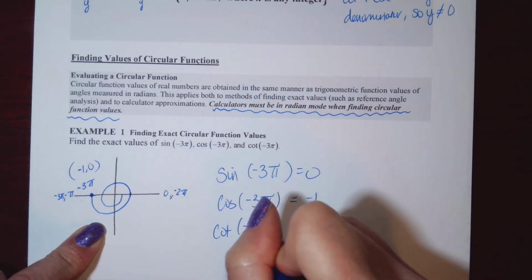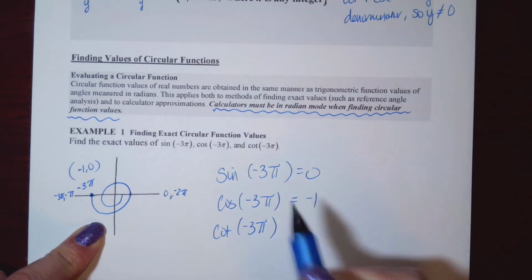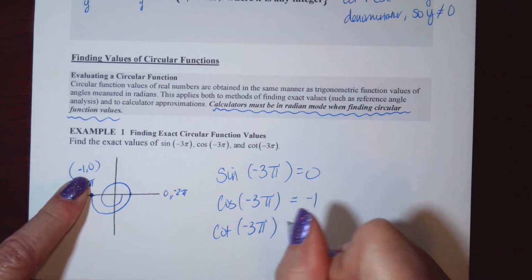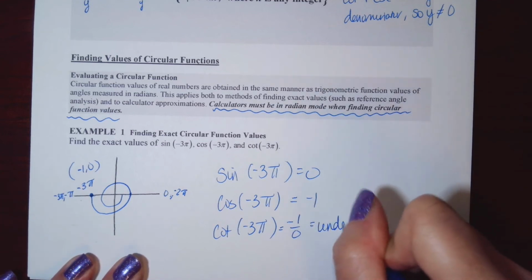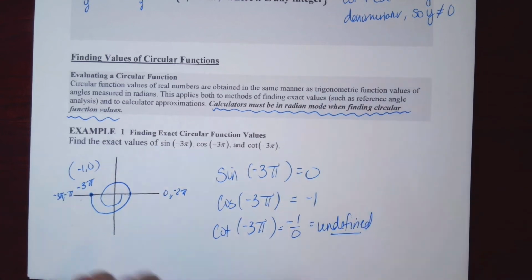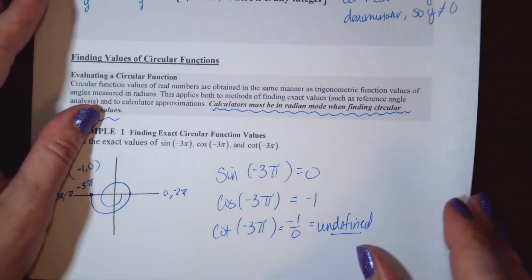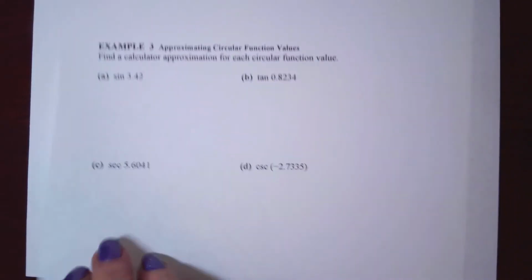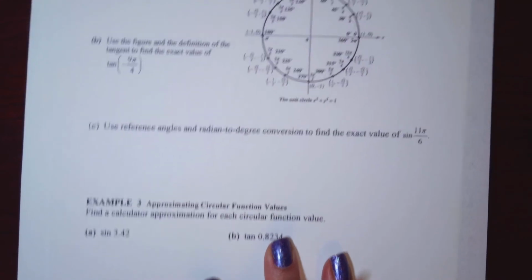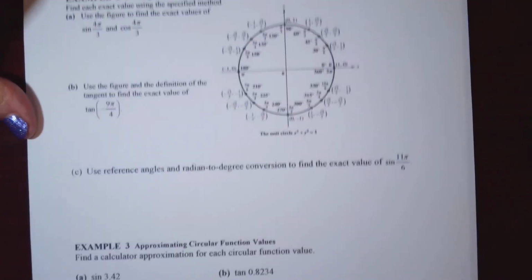Cotangent function value is going to be x over y, so -1 over 0, so cotangent here is undefined. Anytime I throw that 0 into the denominator, the function is undefined. When we're finding these circular function values, we are making use of our unit circle.